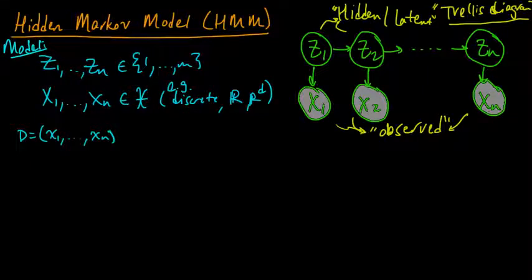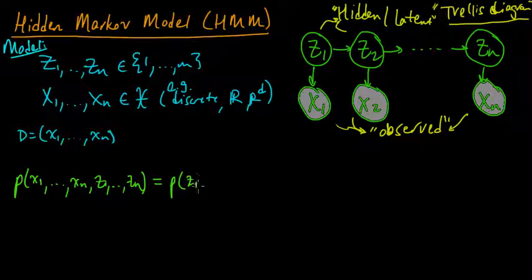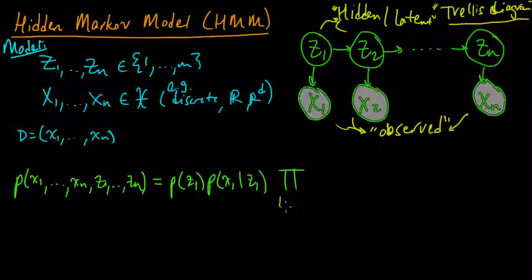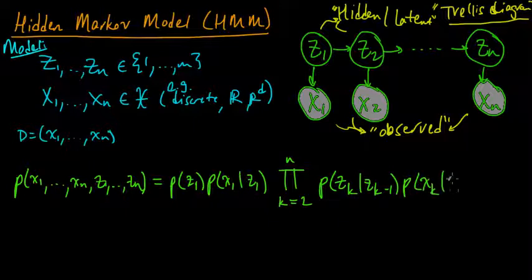Let's write down what this means. The fact that the joint distribution respects this graph means that the joint distribution on all of these random variables, X1 up to Xn, Z1 up to Zn, factors in the following way: probability of Z1, times the probability of X1 given Z1, times the product for k from 2 to n of the probability of Zk given Z(k-1), and the probability of Xk given Zk.